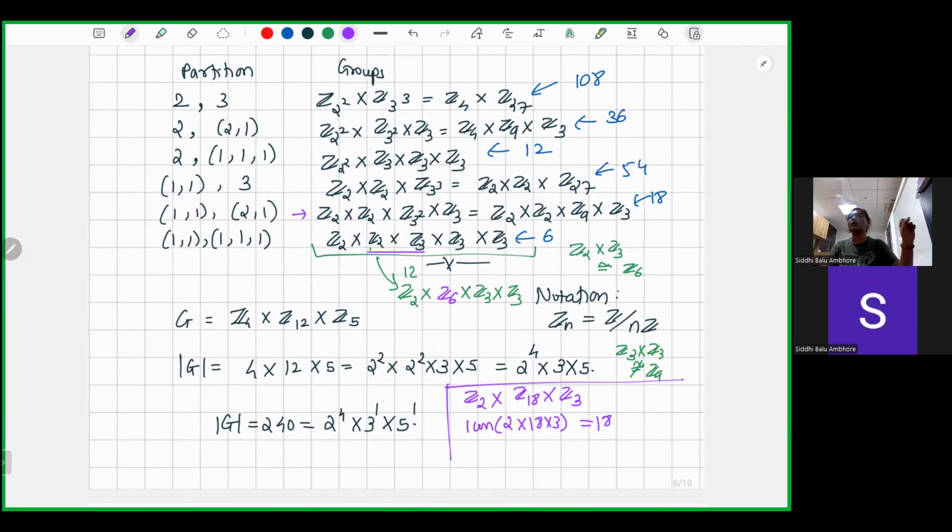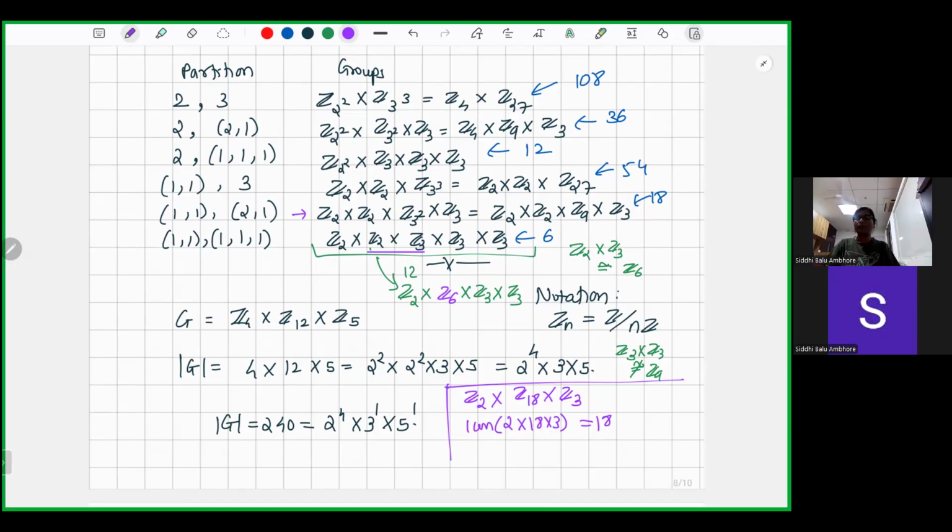If I have an element of order k in group G, and some group H is isomorphic to G, there exists some element of order k in H. That's the property which we have under isomorphism of two groups. So the exponent of this group becomes 18, because of the earlier formula which I wrote.